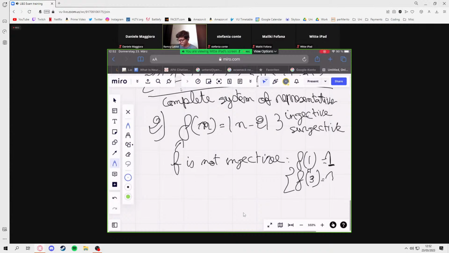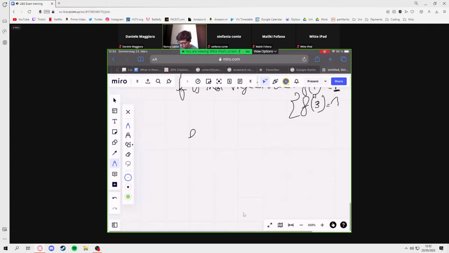All right, so let's take a look at surjectivity. I want to show that f actually covers the entirety of the codomain. In this case, the codomain goes from 0 up to infinity, and we have n minus 2, so our domain is basically from 2 on.